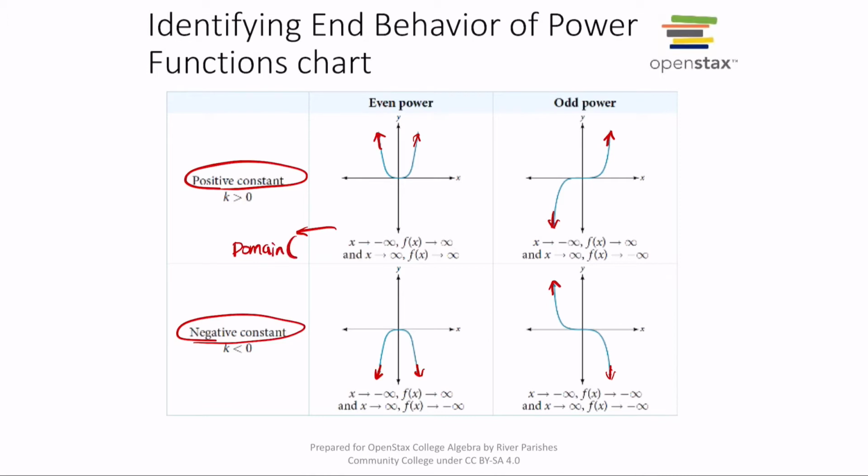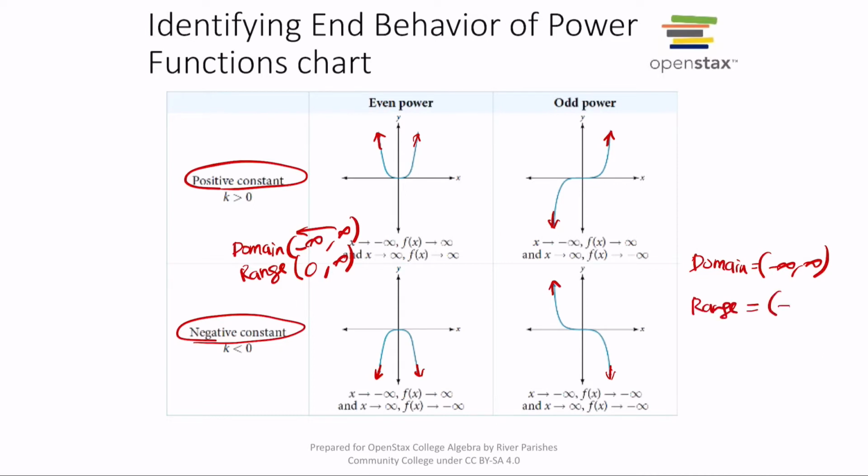For an even power, the domain is from negative infinity to infinity, but the range generally is from 0 to infinity. For odd powers, both the domain and the range are from negative infinity to infinity.